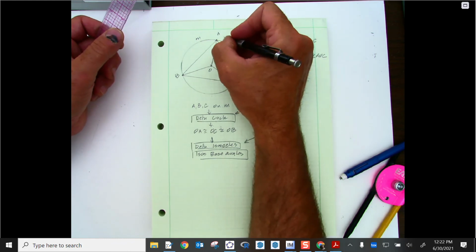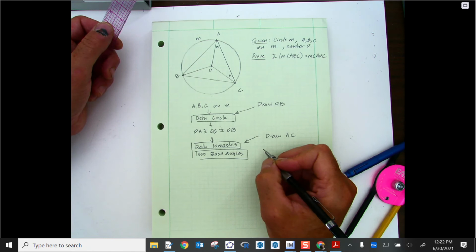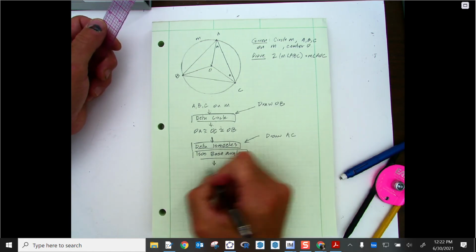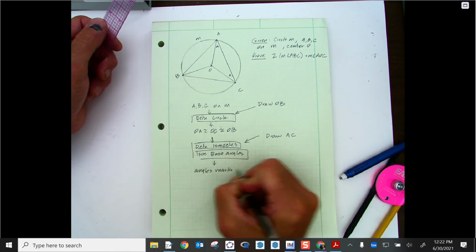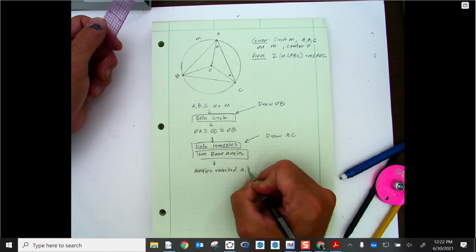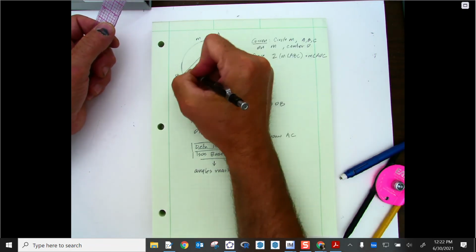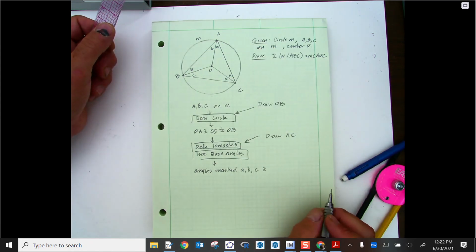I think we'll stick with our, we'll call these guys A. I'll just say angles marked A, B, C are congruent, right? Okay, so we've got that.